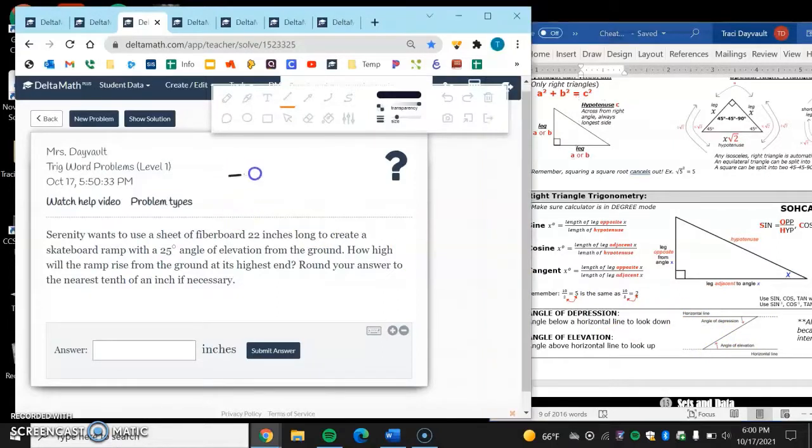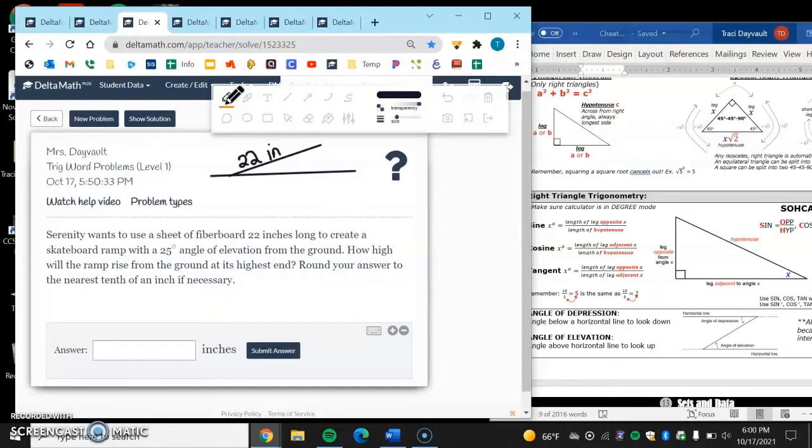So we're going to have a skateboard ramp. This is going to be the fiberboard. That's what she's using to make the ramp. So that's going to be 22 inches long. And we're looking at the angle that it makes with the ground. She wants that to be a 25-degree angle of elevation.